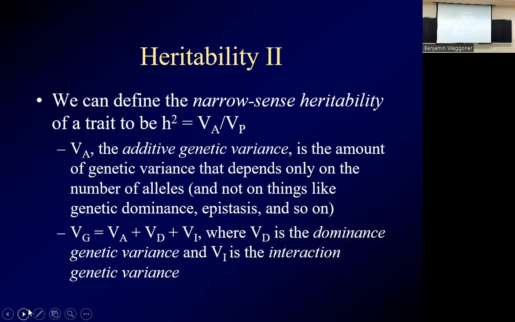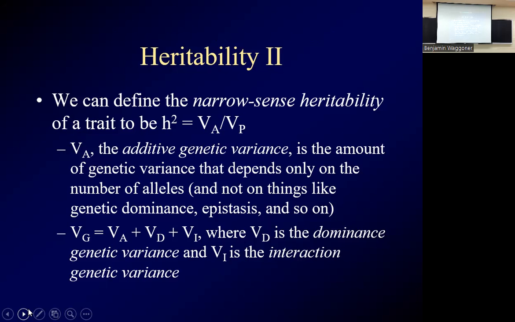All right. So the amount of white spotting on a cat is entirely additive genetic variance because it entirely depends on how many copies of the spotting allele the cat's got. If the cat has 0 copies of the spotting allele, it doesn't have any white on it. If it's got 1 copy of the spotting allele, it has a little white on it.